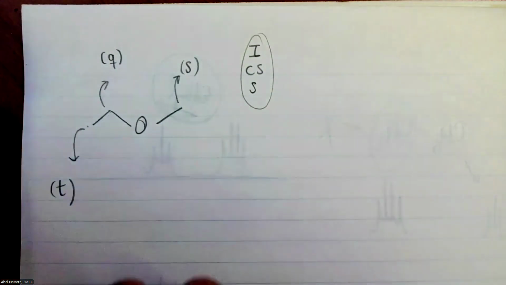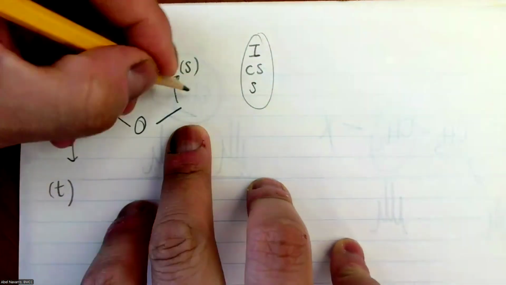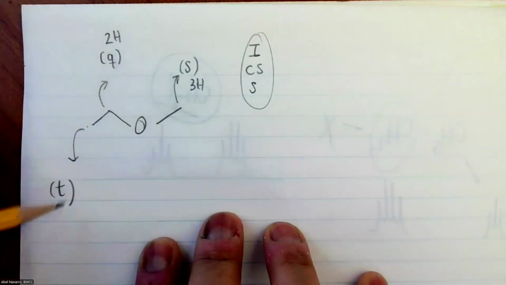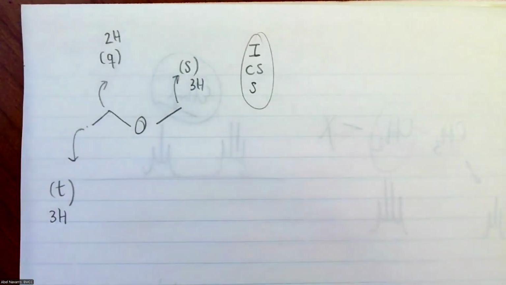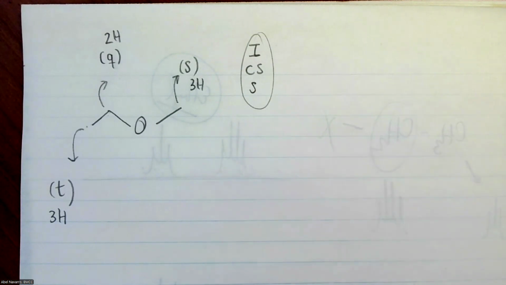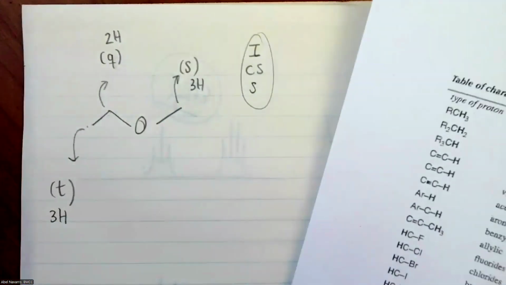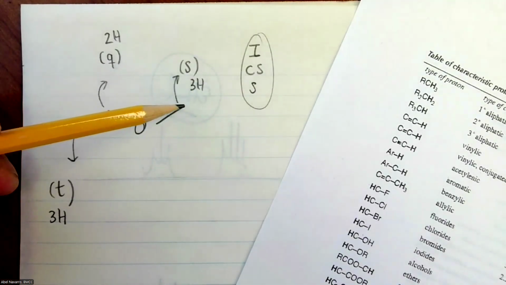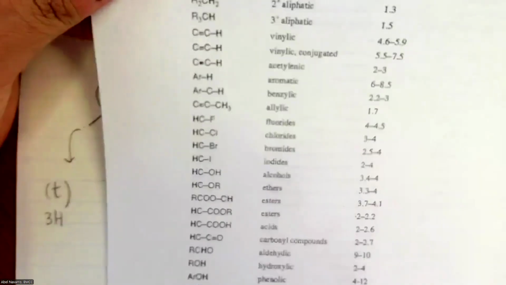The integration values are going to be: this one 3 hydrogens, this one 2 hydrogens, and this one 3 hydrogens. Now the chemical shift. To me, it definitely is the easiest part, but sometimes we get a little bit complicated with that. So look, find it. What is that? That is a CH next to an oxygen.